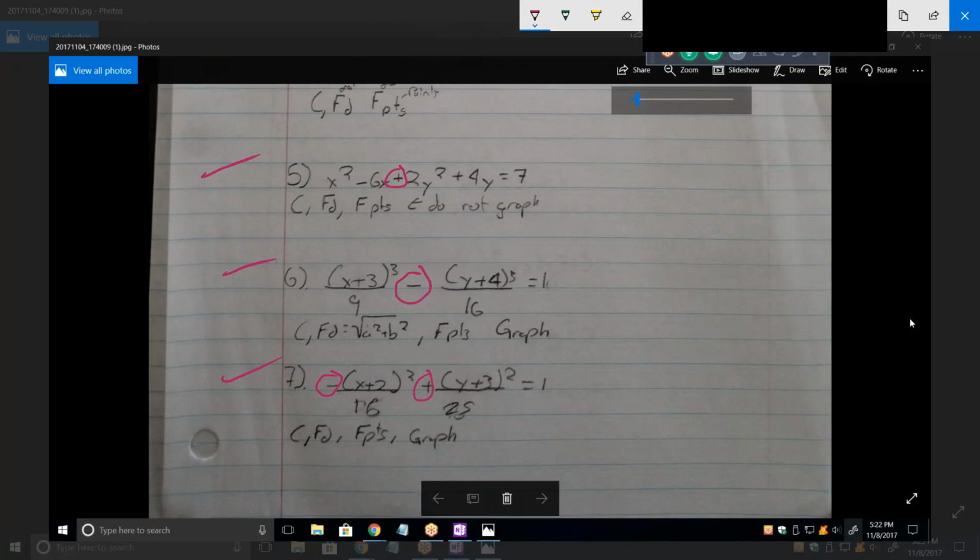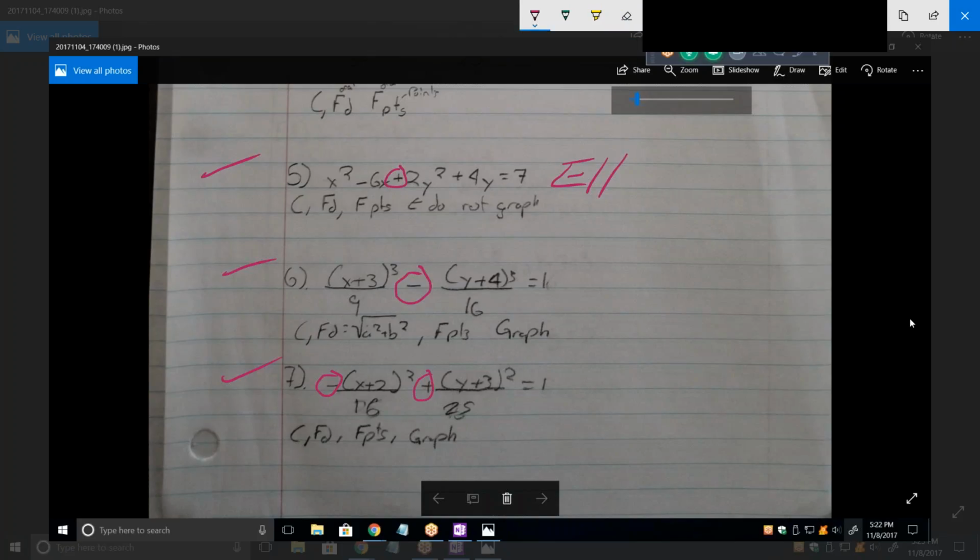If they're the same, that would make it a circle. If they're different numbers, it makes it an ellipse. So this is an ellipse. And if there was a minus sign in front of either the x squared or the y squared, one only, then it's a hyperbola. So we're dealing with an ellipse. That's for starters.